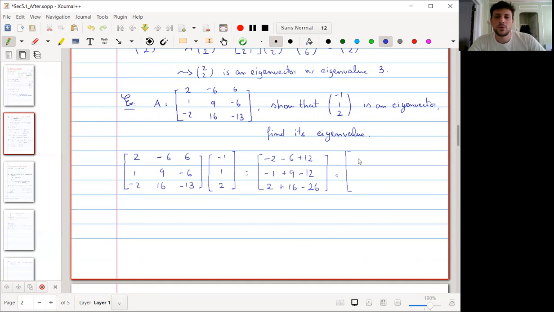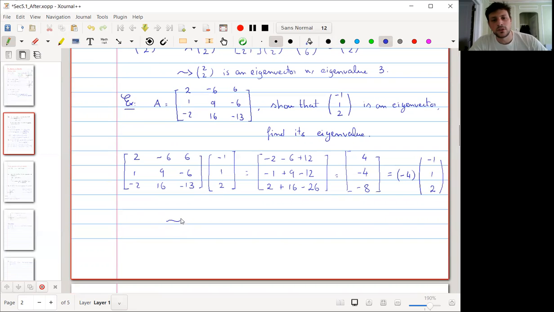Cleaning this up, we get that this is 4. This is 9 minus 13, which is -4. And this is -10 plus 2, -8. So by looking at this vector, we notice that it's -4 times the initial vector (-1, 1, 2).